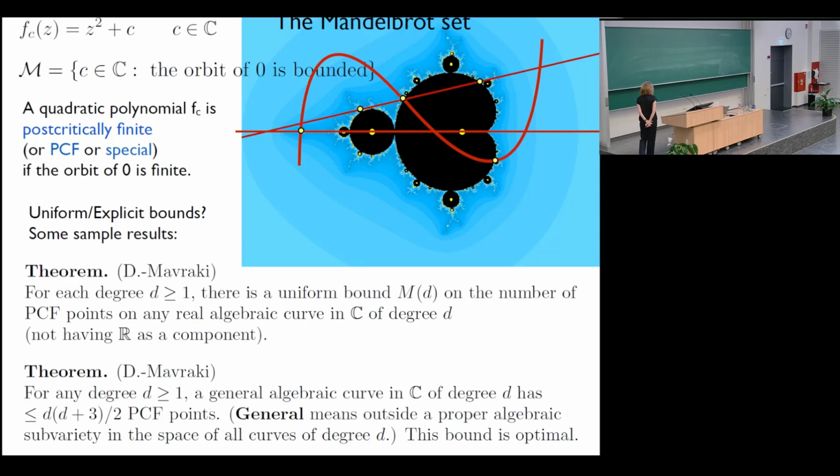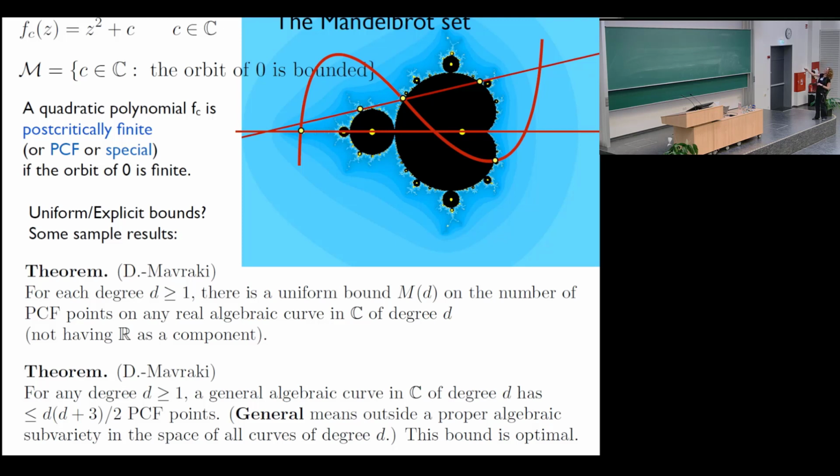And here on this slide, I've stated 2, I call them sample results. These are instances of a more general result, but I think these special cases are perhaps a little easier to absorb at first glance. So let me just read example theorems for you.